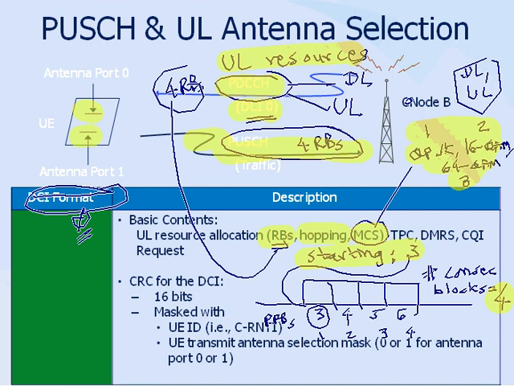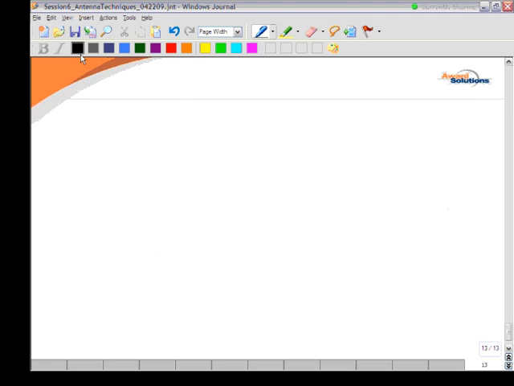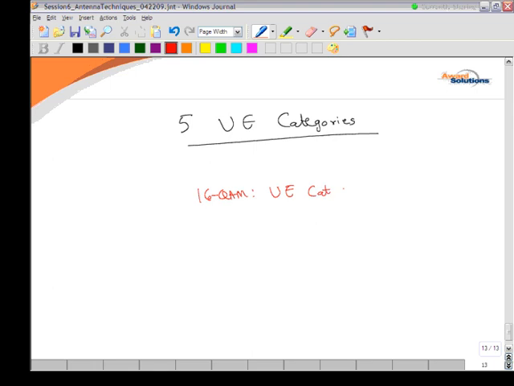Now, having said that, here is the situation. We have 5 categories of UEs. So some of you mentioned 16QAM is the highest order modulation. Your answer is the correct one if you are talking about UE categories 1 through 4. And 64QAM is the modulation scheme that is supported only by UE category number 5.